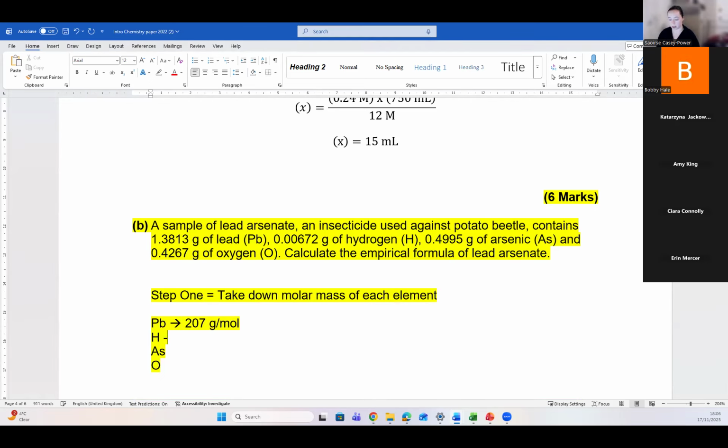Hydrogen has a mass of 1 gram per mole. Arsenic then has a mass of 74, I think, no, sorry, 75 rounded up, so 75. And oxygen then is 16 grams per mole. Again, I took these directly from the periodic table.